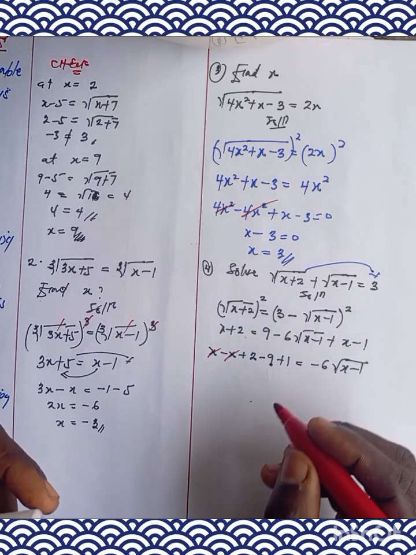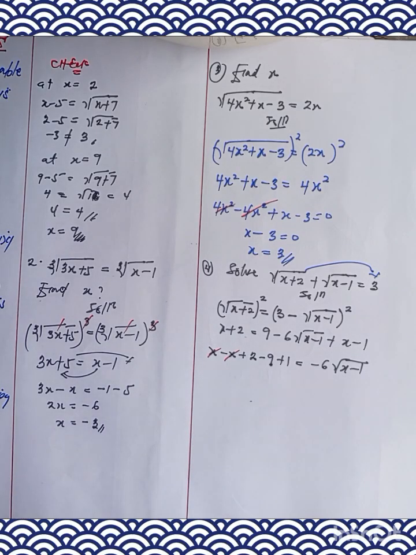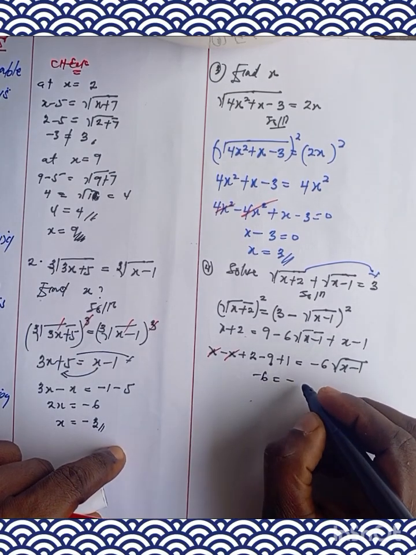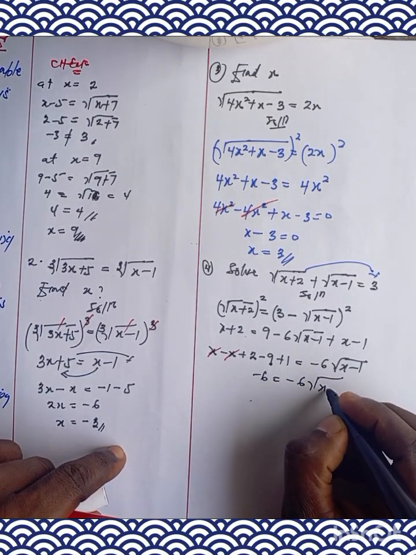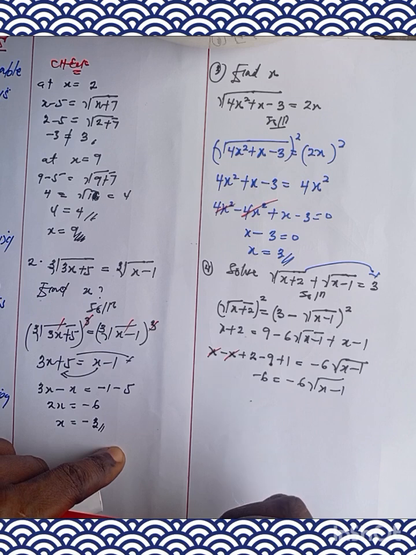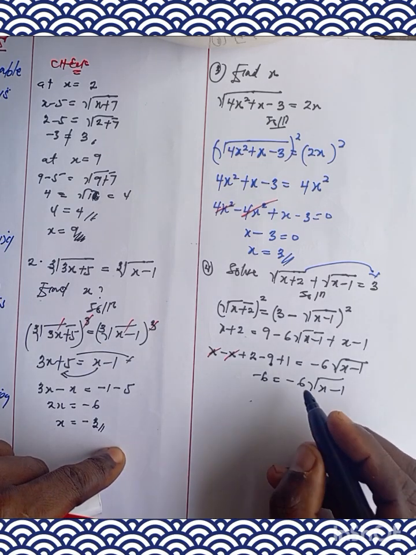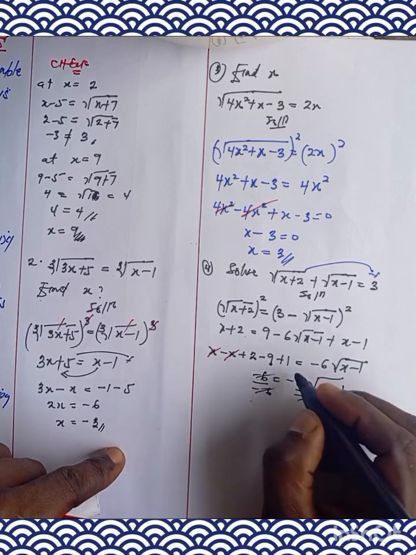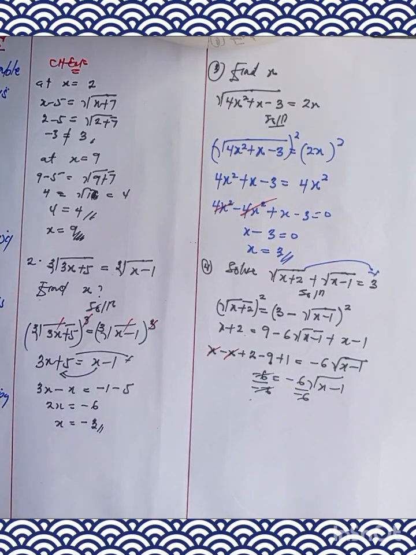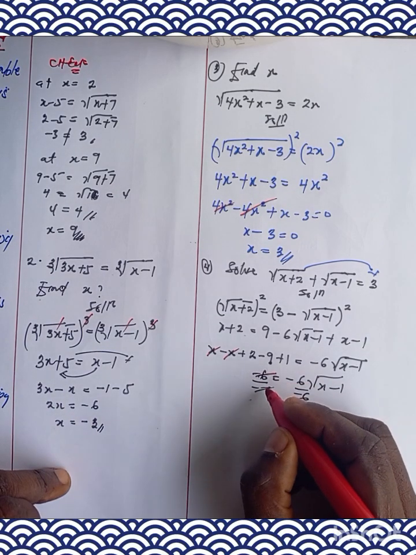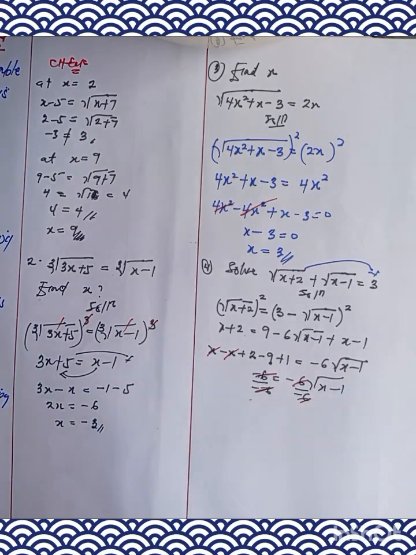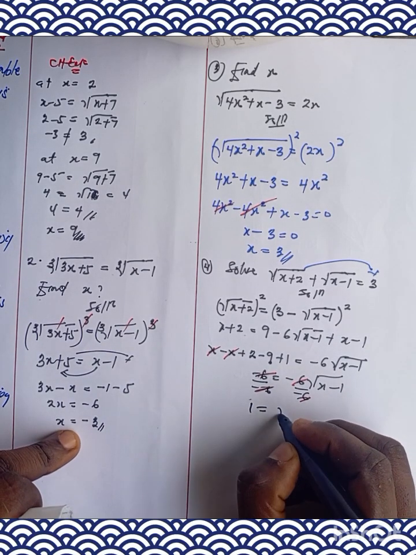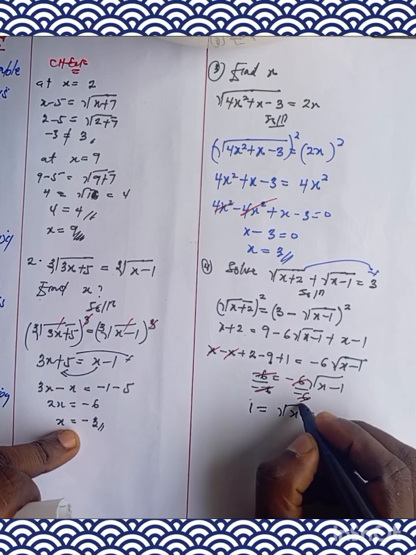Here we are left with what? 2 plus 1 is 3. 3 minus 9 is minus 6, equal to minus 6 root of x minus 1. So from here we can divide through by what? Negative 6. So at the end we are having 1 is equal to root of x minus 1.